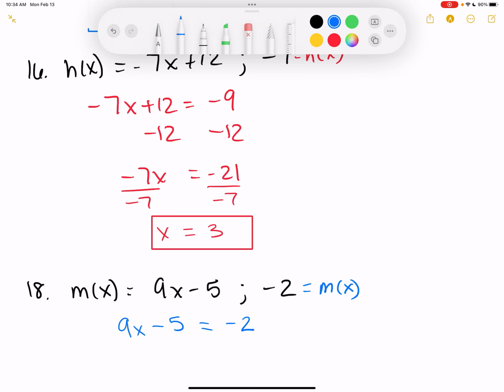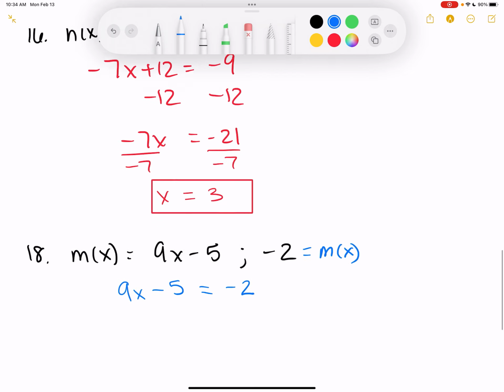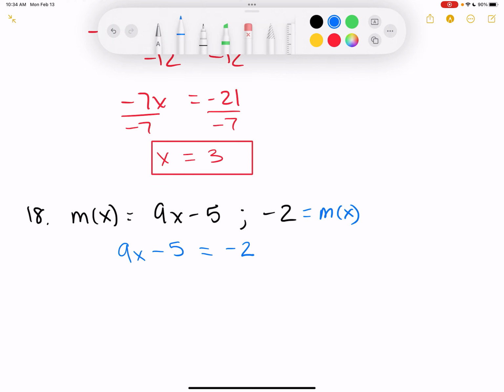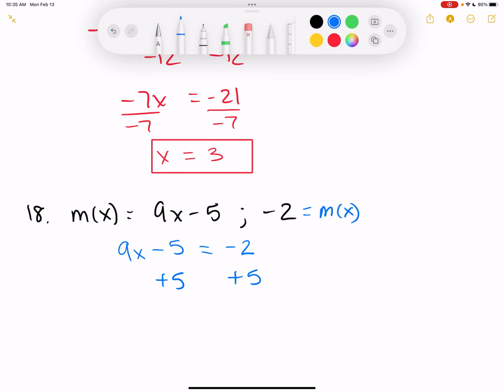And I want to know what x is, so I want to get x by itself, so what do I need to do first? Yep, add 5. So negative 2 plus 5 is, or we can say it as 5 minus 2, 3. Yep, 3. So 9x is equal to 3. And then what?